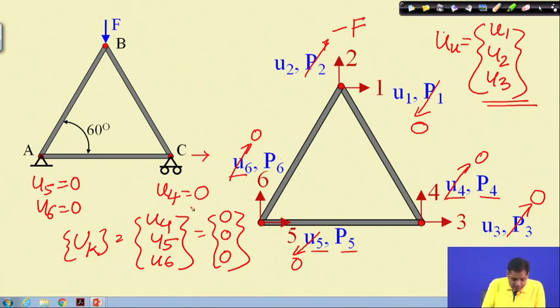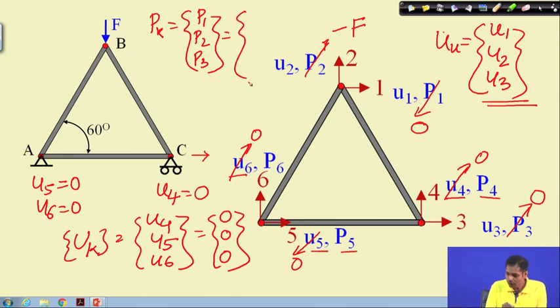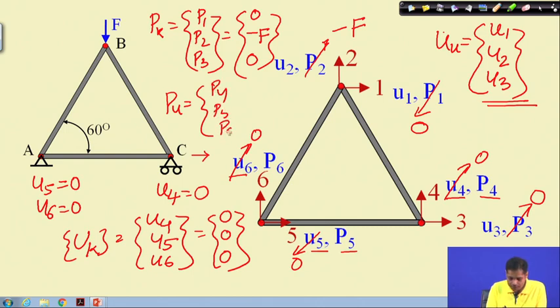Similar to U, if we define P known, that is equal to P1, P2, P3, which is P1 is 0, P2 is minus F, and P3 is 0. And similarly, P unknown is equal to P4, P5, P6.